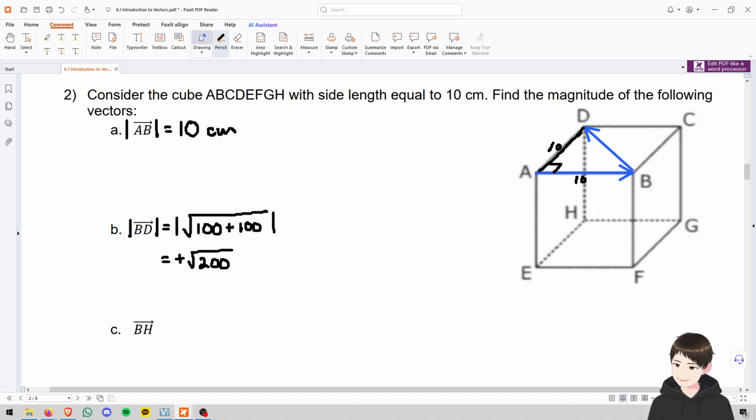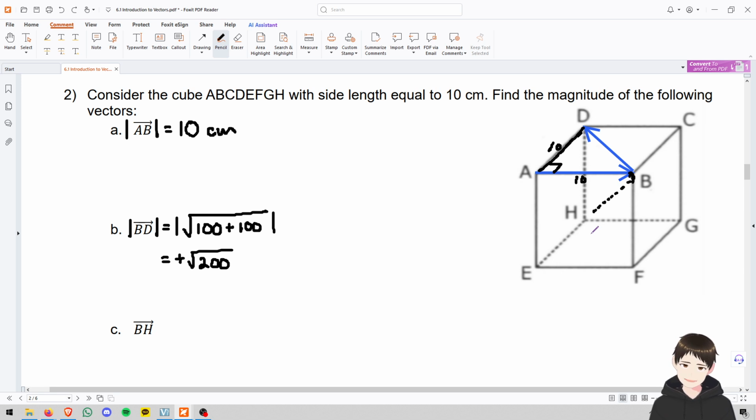BH. Okay. BH. I'm not sure if that is a little trippy. So what I'm going to try to do is manually draw something in 3D. BH is going to be like, does that work? I don't know. That's terrible.